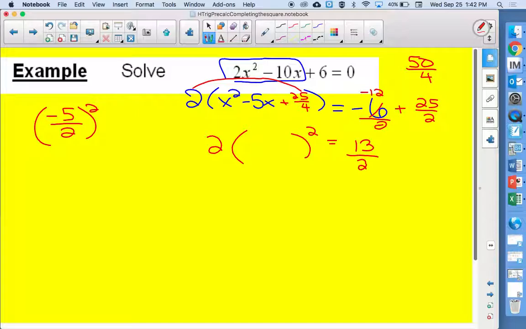So what would go inside the parentheses? Negative 5 halves. Yeah. Or x minus 5 halves. And again, that number right over there, b divided by 2, because 5 halves times 5 halves makes my 25 fourths. Or if I add 5 halves and 5 halves together, I get 10 halves, which is 5.